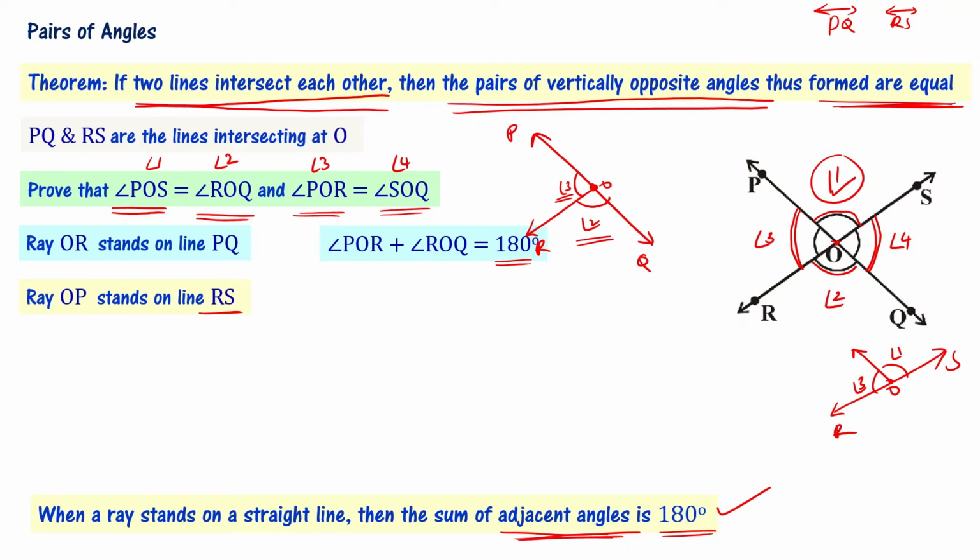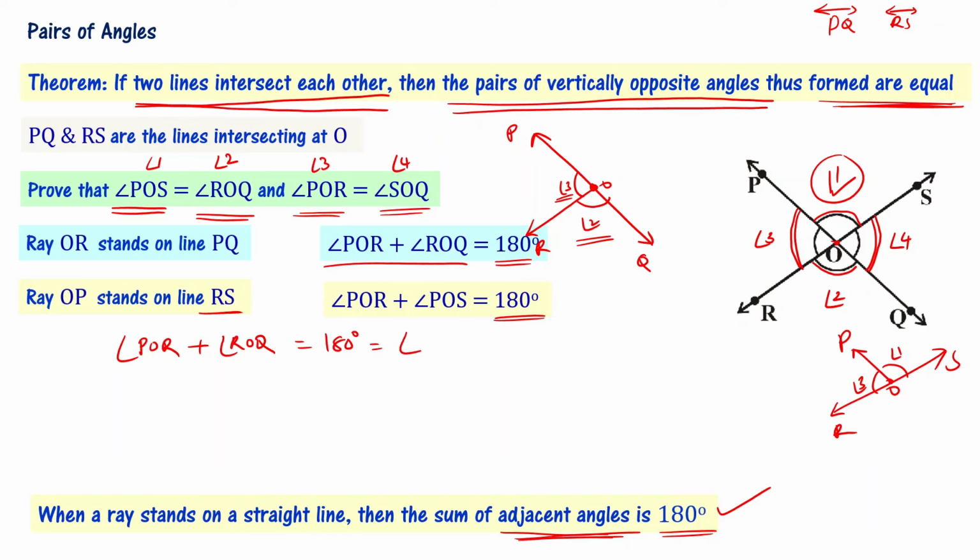So angle POR plus angle POS is equal to 180 degrees. Now let me write that angle POR plus angle ROQ equals 180 degrees, which equals angle POR plus angle POS. I am equating these two.